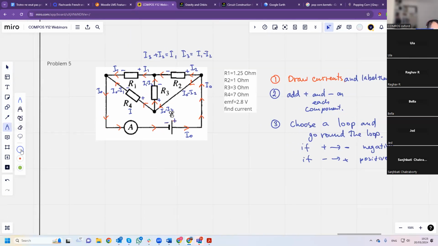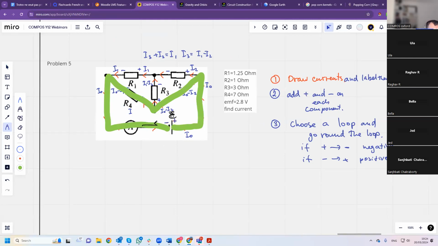So I choose a loop. Let's highlight the loop. Let's go to green. Let's do a simple one. So what do I have here? I have the EMF.